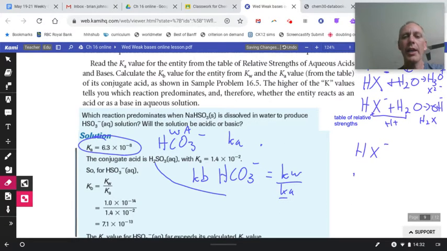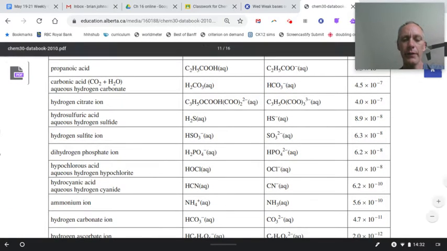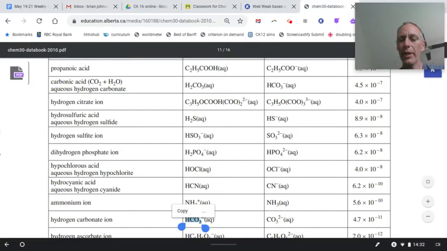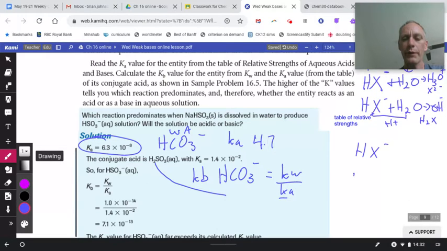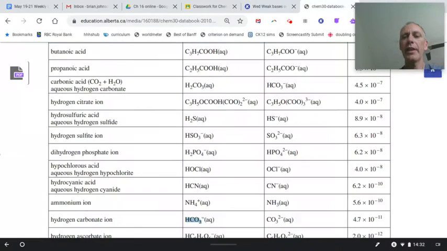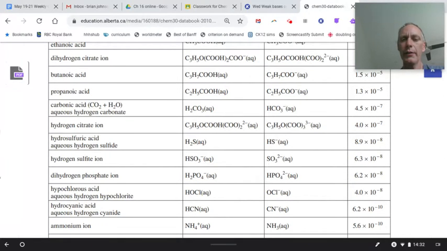The Ka of HCO3 minus. Let's go look that one up. Here it is. The Ka of HCO3 minus is 4.7 times 10 to the negative 11. Now we need to get the Kb of HCO3 minus, so we look in this column. Whoops, it is right here.